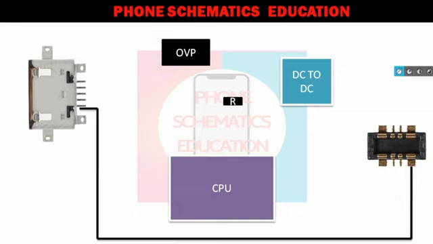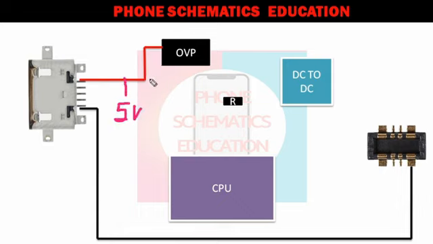When you connect the charger, a 5 volt line goes to the OVP IC. This line is already connected to the over voltage protection IC. This IC is basically for voltage protection. On this line you will get 5 volt.